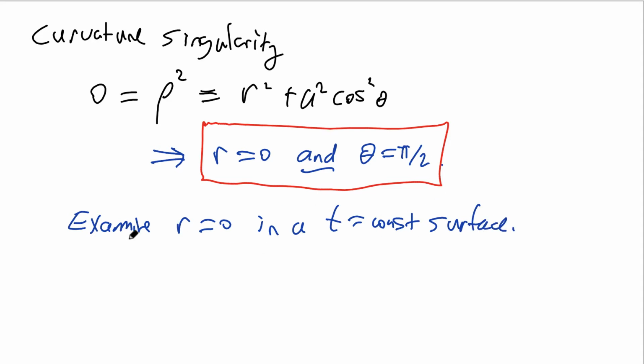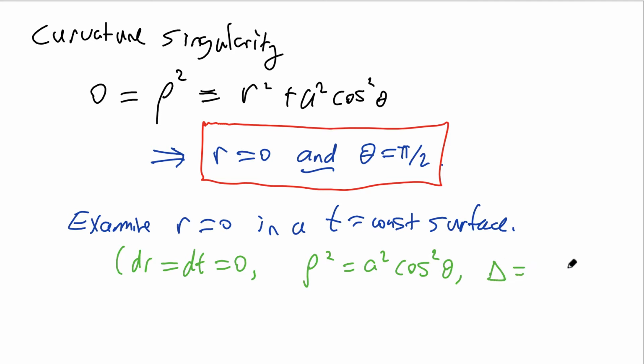So setting r equals 0 and t equal constant, we have dr and dt are both 0, and also from their definitions, rho squared is a squared times cosine squared theta, and delta is equal to just a squared.